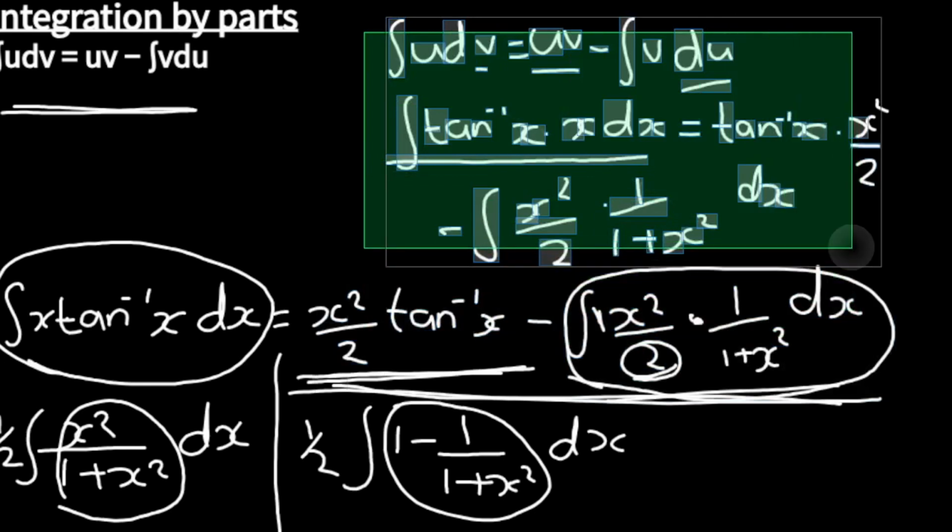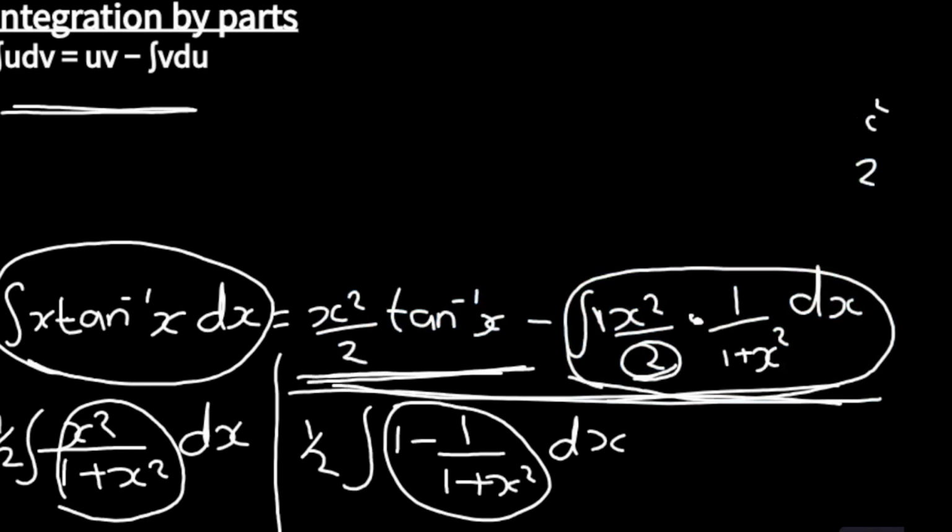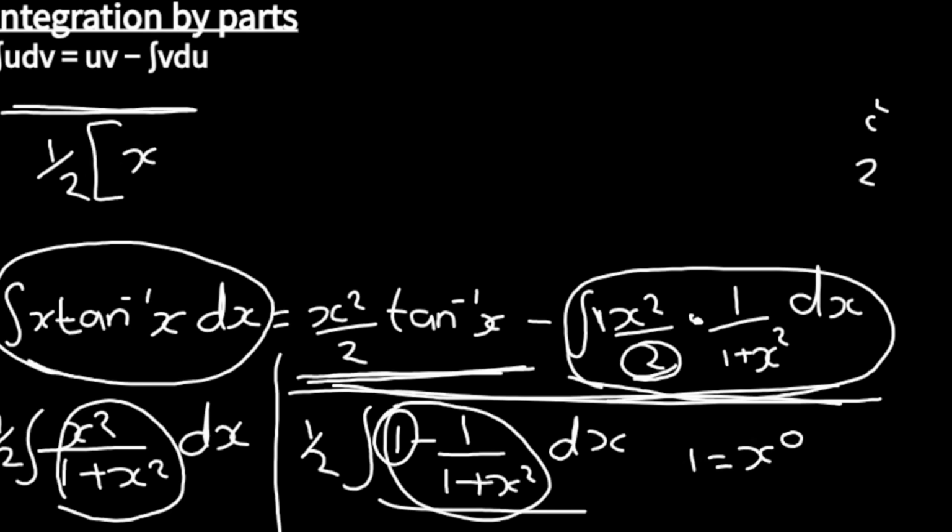That was a half. So what is the integral of this? The integral of 1 is x, because 1 is the same as x raised to power 0, so the integral is x to the 0 plus 1 over 0 plus 1, which is x raised to 1, which is x.